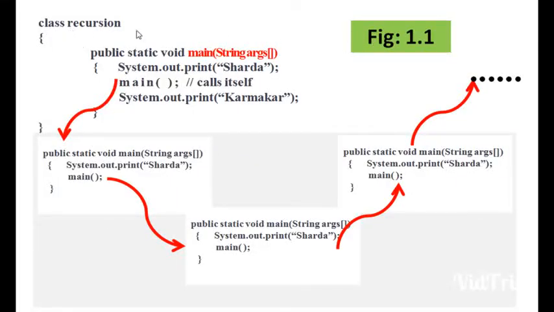Java code is written, class Recursion, where you have a main method inside which you have some Java code. Now it is printing Sharda, and in the second line it is calling the main method. So the arrow goes here and this main method is executed again.